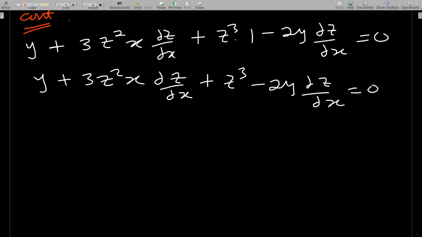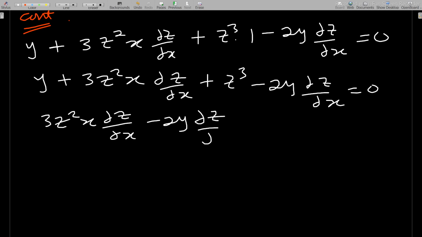I can send those terms standing alone to the right side of the equation, and I'll get something like 3z squared x del z del x minus 2yz del z del x should be equal to negative y negative z cube.